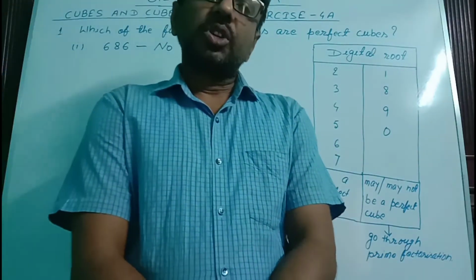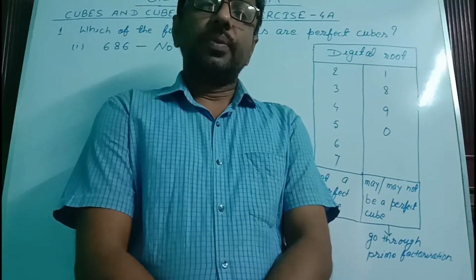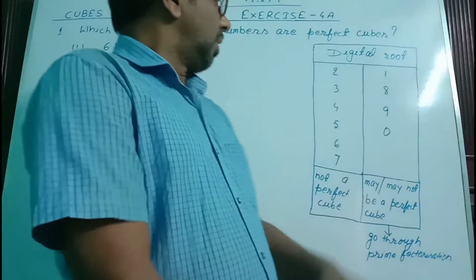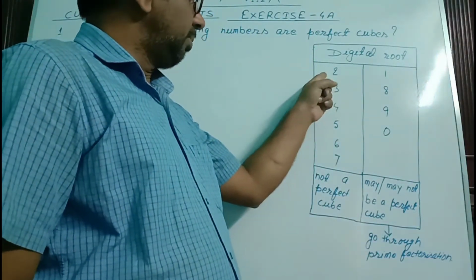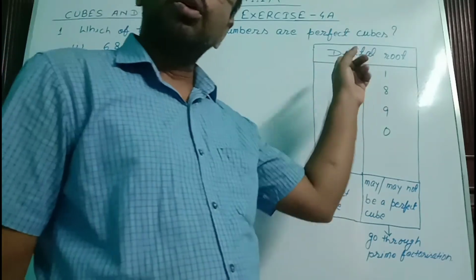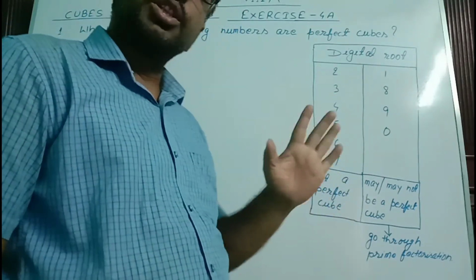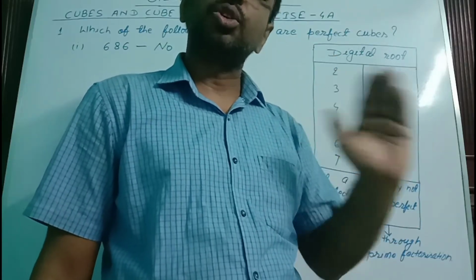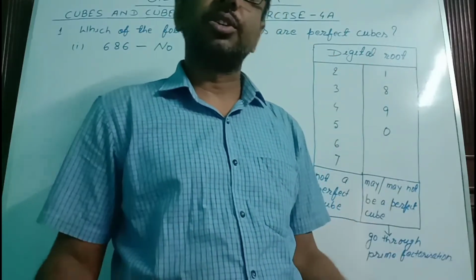So our process is based on digital root, and how we find the digital root, I have given the example. Now I have told also, if the digital root is 2, 3, 4, 5, 6, 7, any one out of these numbers, then we can say that the given number is not a perfect cube, and we can be 100% sure about our result.